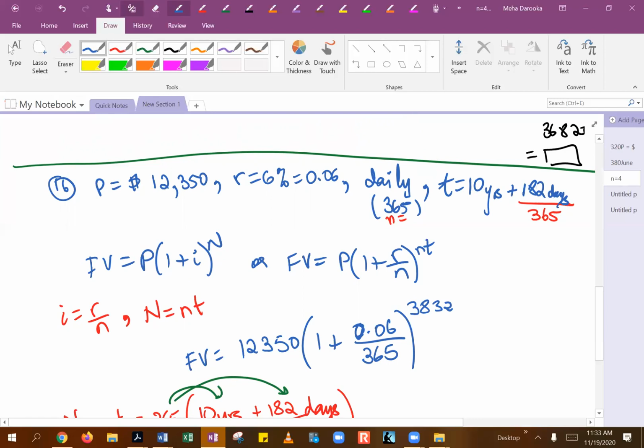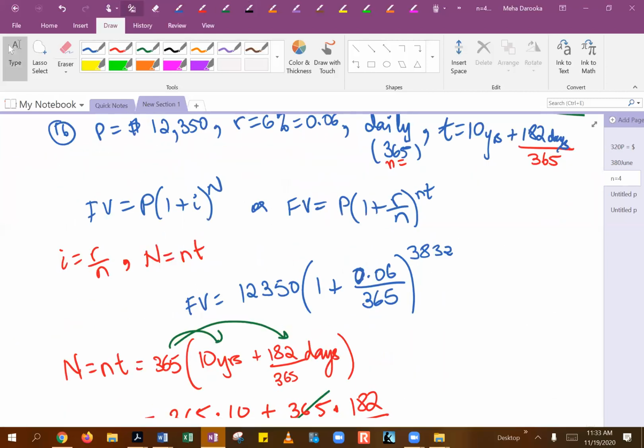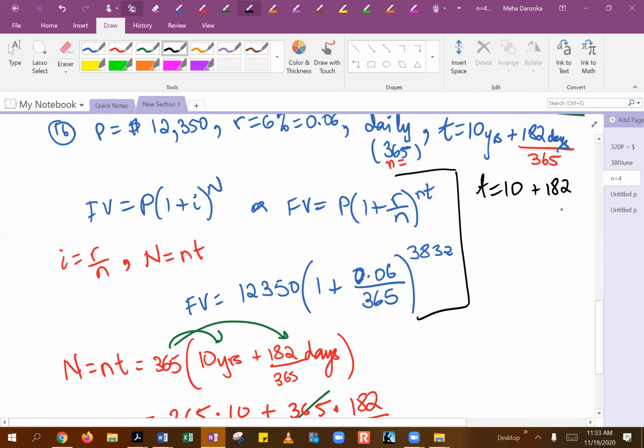Now 182, since that's given to us in days, to convert those into years, we divide it by 365. So for this, you are looking at time as 10 plus 182 over 365, and this is in years when you divide that 182 by 365.